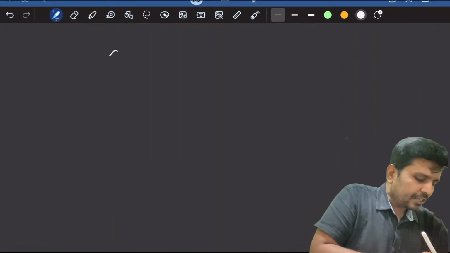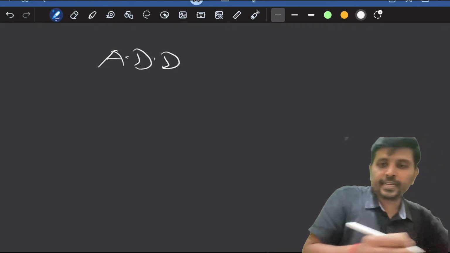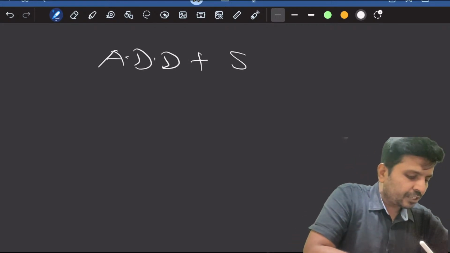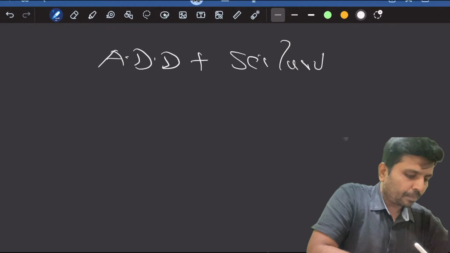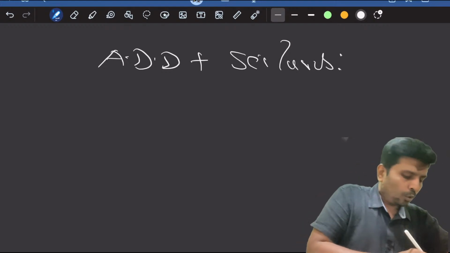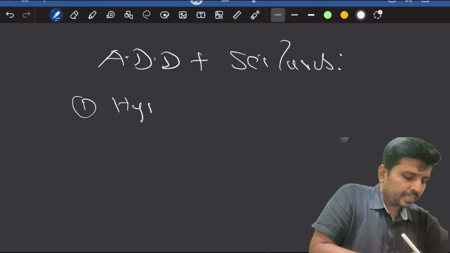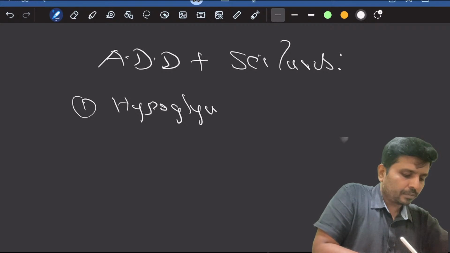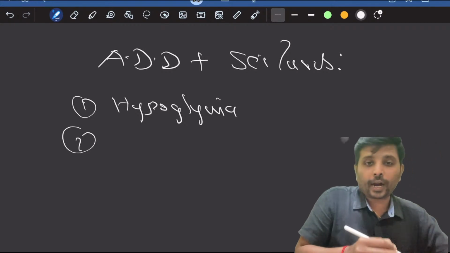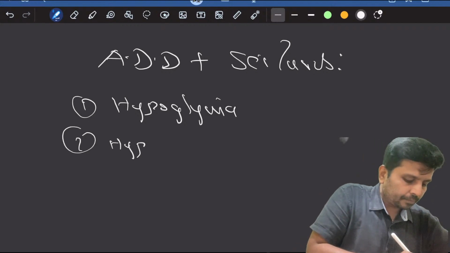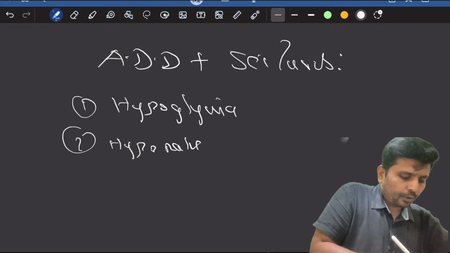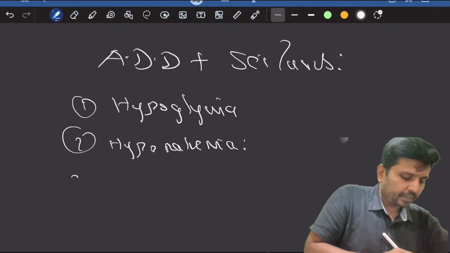Finally, any child with acute diarrheal disease along with seizures, what are all the possibilities? 1. Hypoglycemia can be a possibility. 2. Hyponatremia. 3.